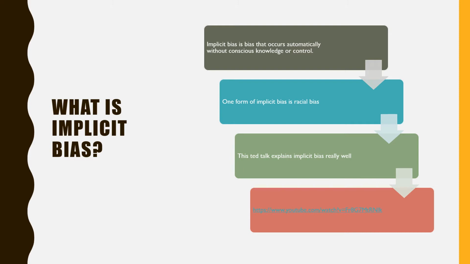There are different types of implicit bias. One form of implicit bias is racial bias. It's based on stereotypes of people that you grow up with. One of those stereotypes might be that all Irish people drink a lot. So when you meet an Irish person, you might automatically assume that they want to go down to the pub and have a drink, which isn't necessarily true.